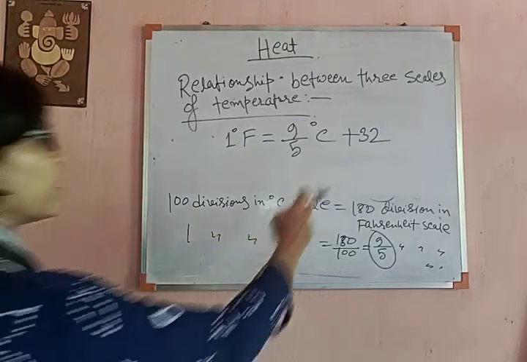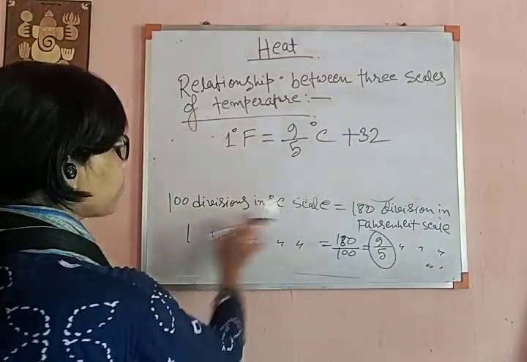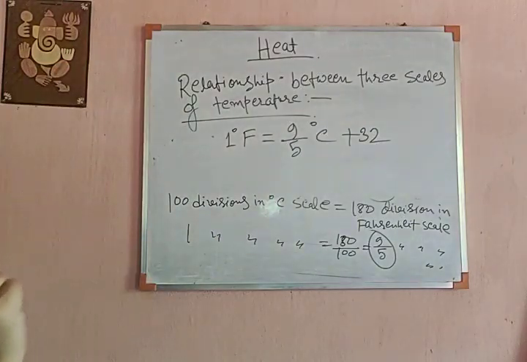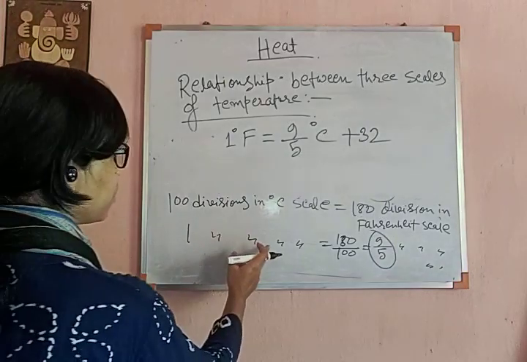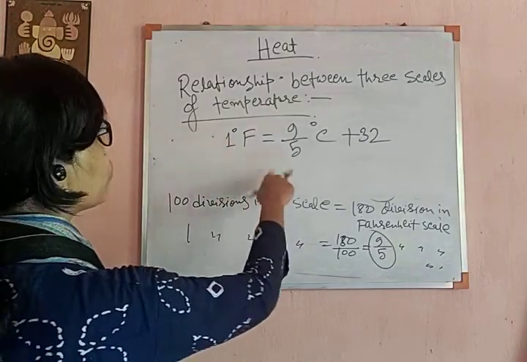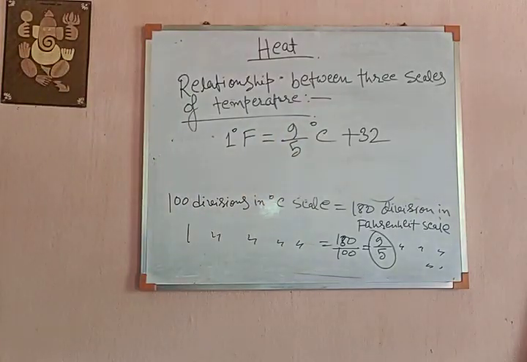So you have to add that 32, and according to the difference in division, 1 Fahrenheit scale division is 9 by 5 times higher than that of degree Celsius scale. So 1 degree Fahrenheit equal to 9 by 5 times degree Celsius plus 32. So now it is clear.